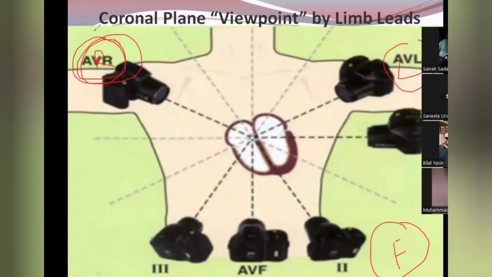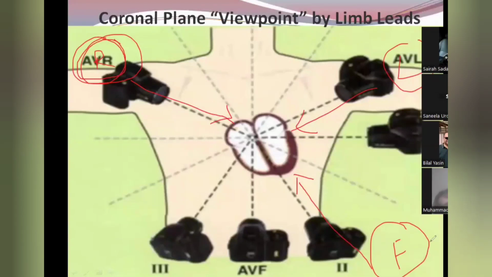The right electrode is looking at the heart from the right side. The left is looking at the heart from the left side, capturing the activity of the heart, while the foot, the inferior electrode, records the electrical activity from the inferior part of the heart.